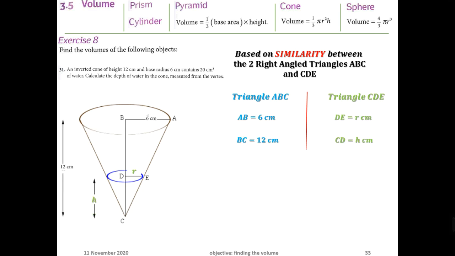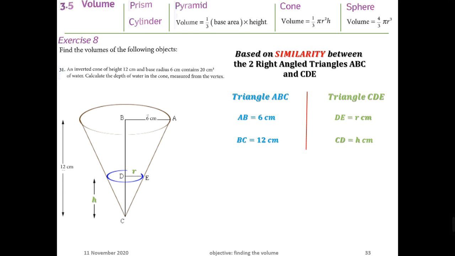Now, based on similarity, we're going to form two equal fractions. So side AB over the similar side to it from the other triangle, which is side DE, is equal to side BC from triangle ABC over the similar side to it from triangle CDE.